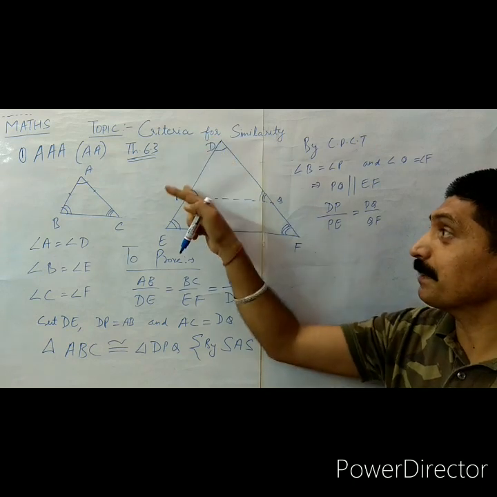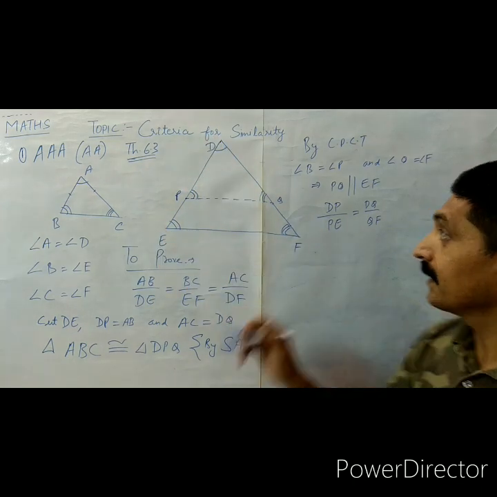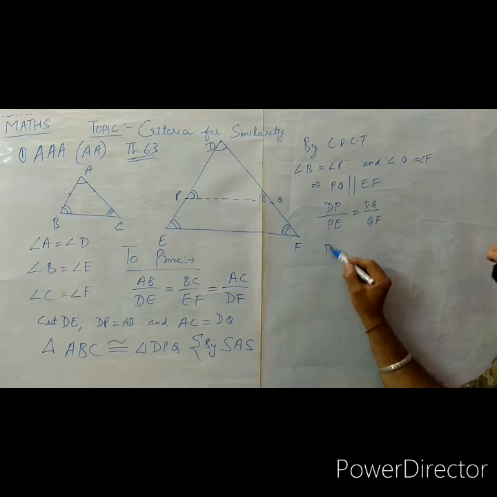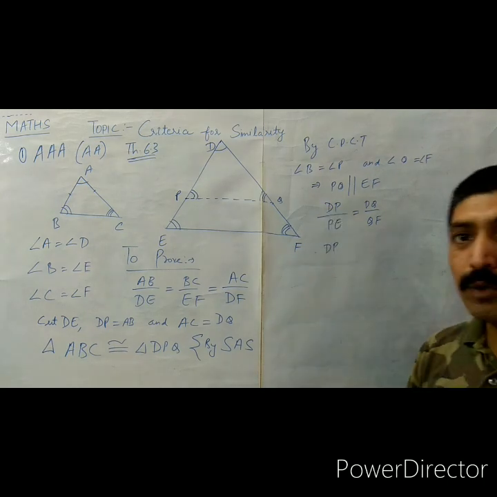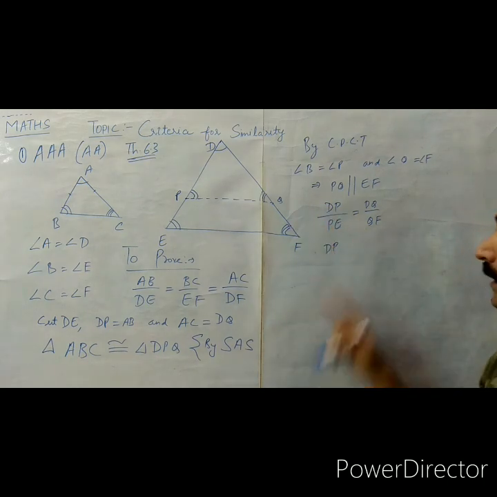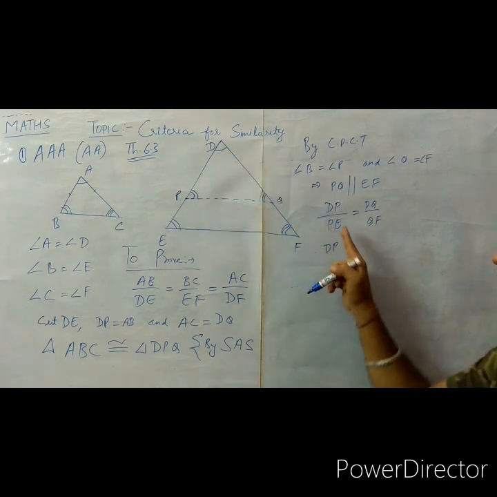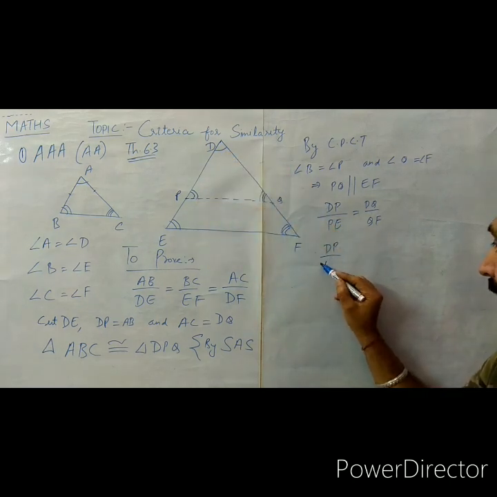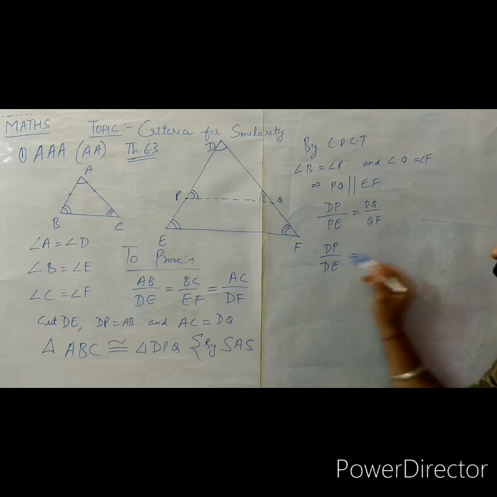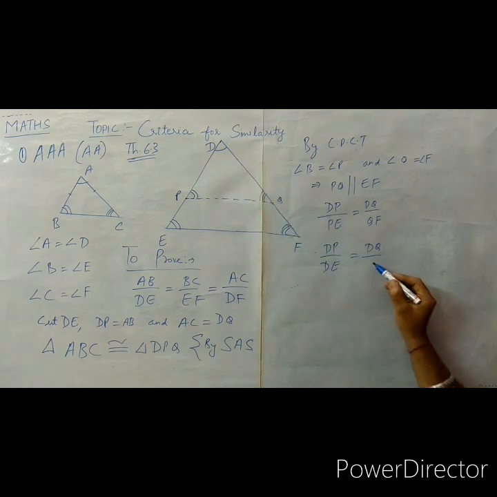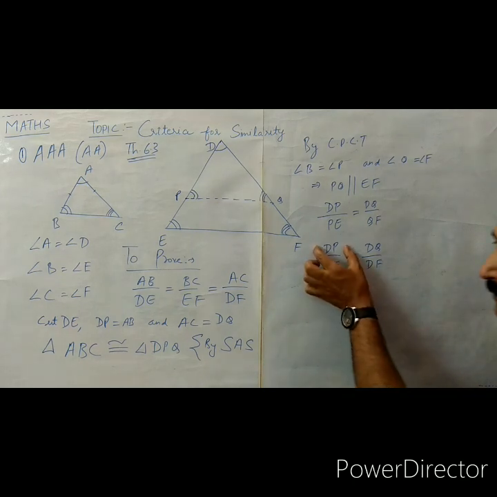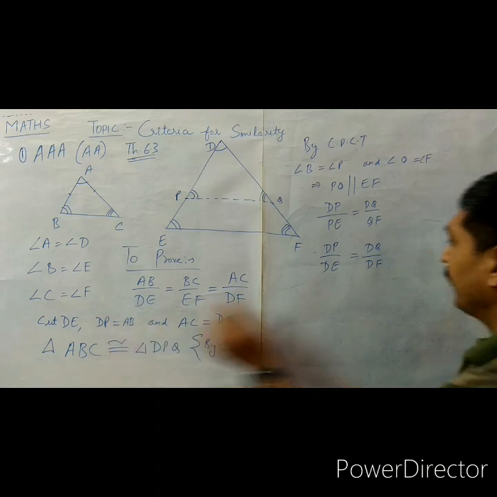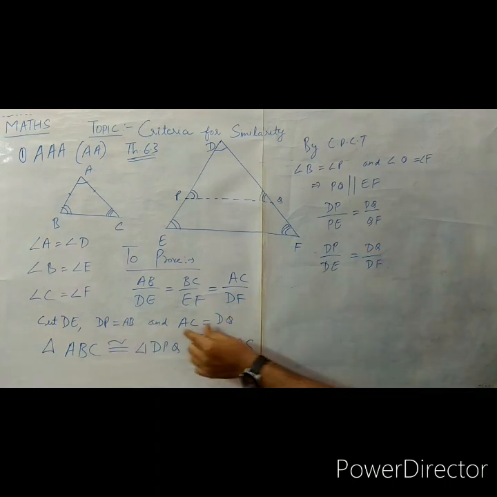We can write, by taking reciprocal and adding 1 on both sides, DP upon DE is equal to DQ upon DF. So here in place of DP we can put AB, and in place of DQ we can put AC.